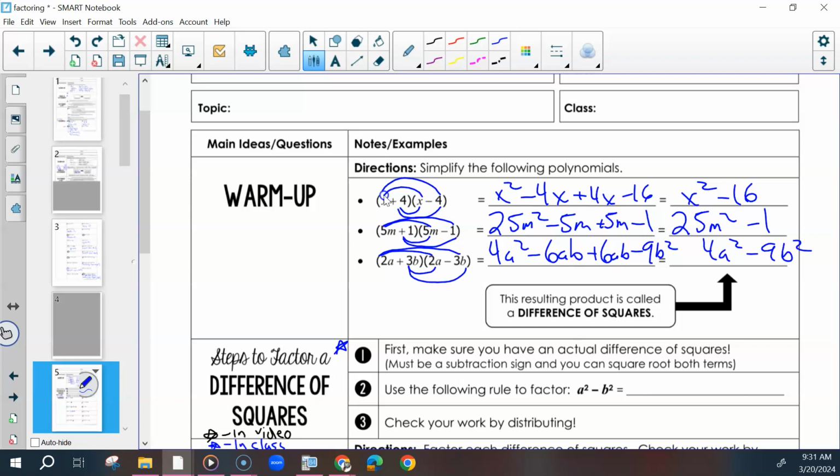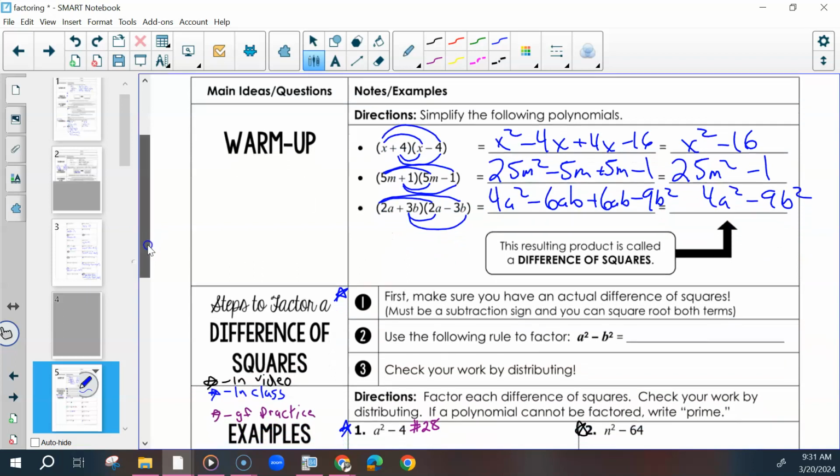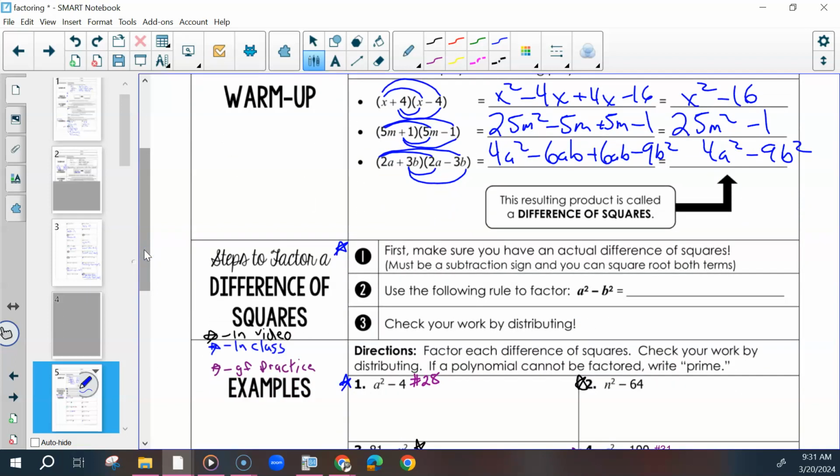So we're going to be given a bunch of these difference of squares. We're subtracting, and each term is a perfect square in some way, shape, or form. And we're going to have to convert it back to this. So how we do that: one, make sure that we're actually subtracting, because it doesn't work if we're adding. And then if it's in that format, we're going to have two sets of factors.